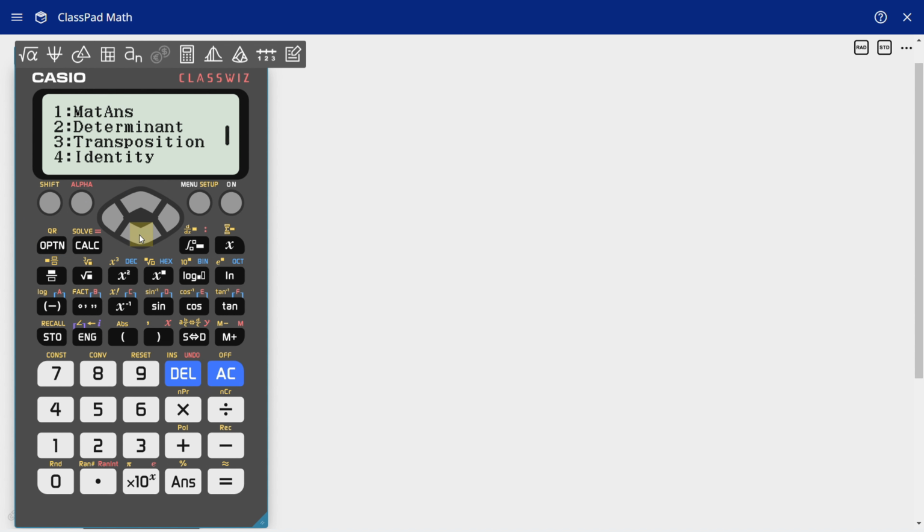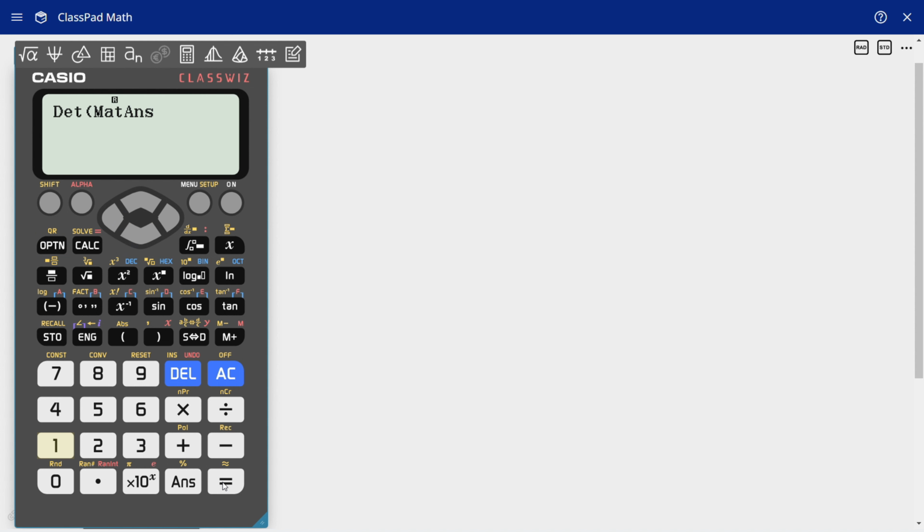We can also have, if you scroll down, the answer matrix, which is the previous calculation you did, the solution you got there. And then there's also the determinant, which is, as we know, AD minus BC. We can use that, for example.